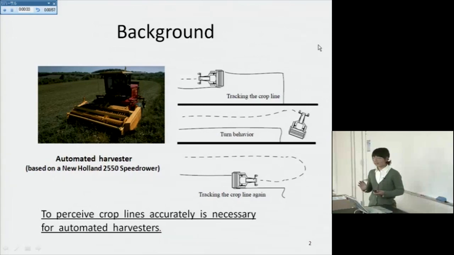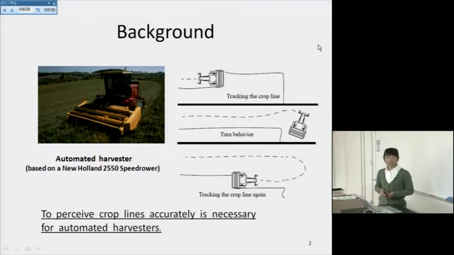It tracks the crop boundary between cut and uncut crops, and when it arrives at the end of the crop row, it turns automatically and keeps harvesting.